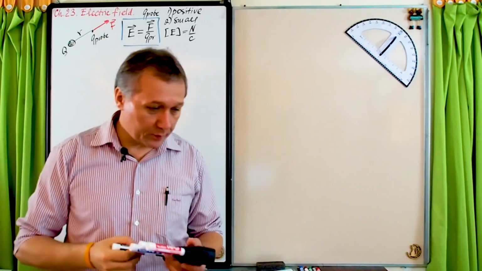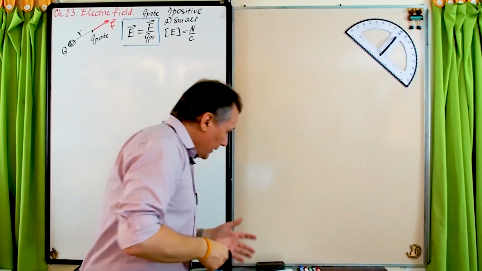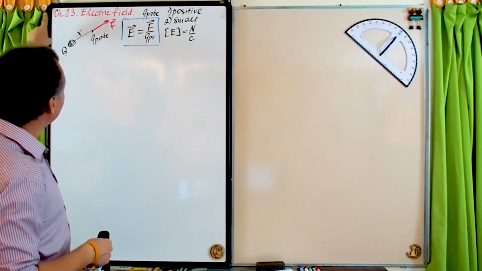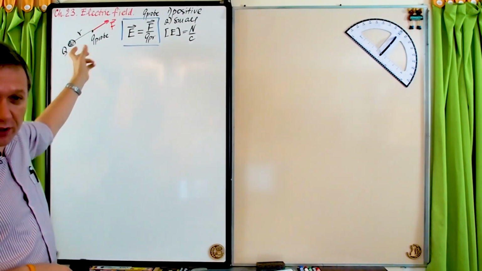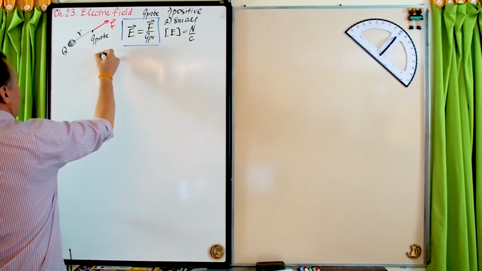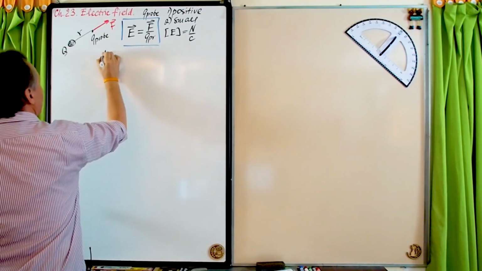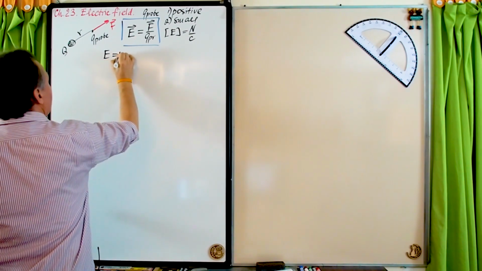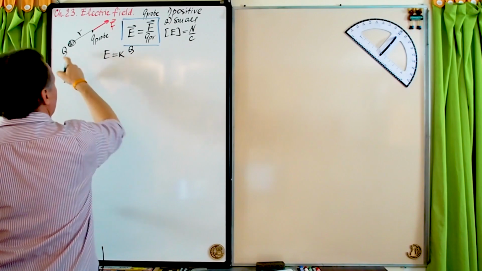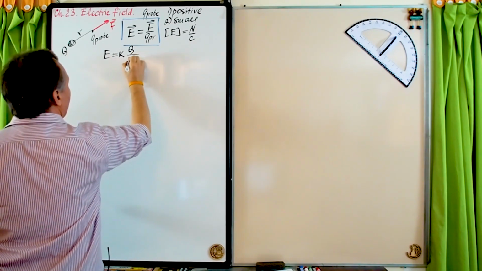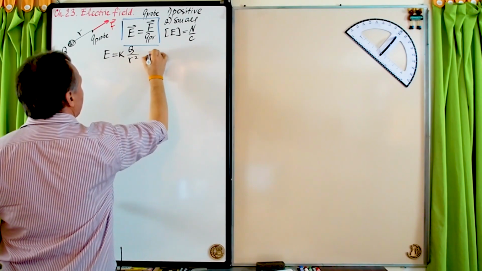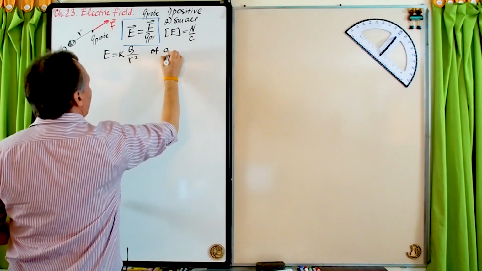Newtons divided by coulombs. Then, of course, for this particular case, if an electric field is created by a point charge, we derive the formula. So the electric field for a point charge is K, that universal constant, times Q, the source, divided by R squared. So that is the electric field of a point charge.